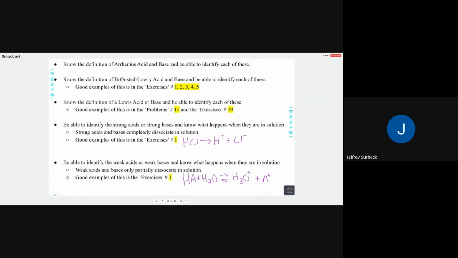Okay, strong, complete one-sided arrow, weak, equilibrium, you have reactions occurring in the forward and reverse directions. Questions over any of these five? Okay, fairly simple, multiple choice types of questions here come off of these, but any questions or anybody still need it?